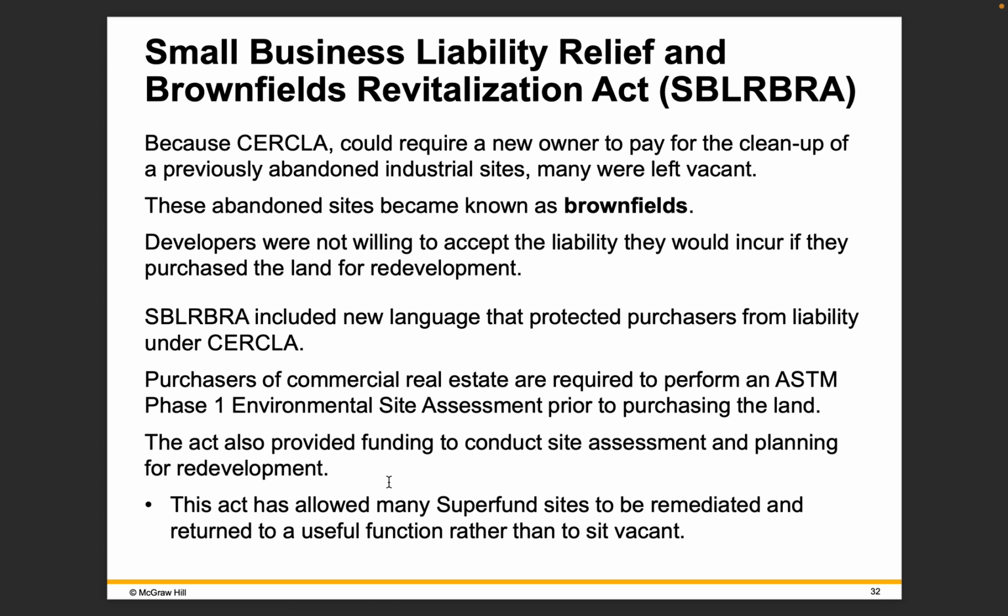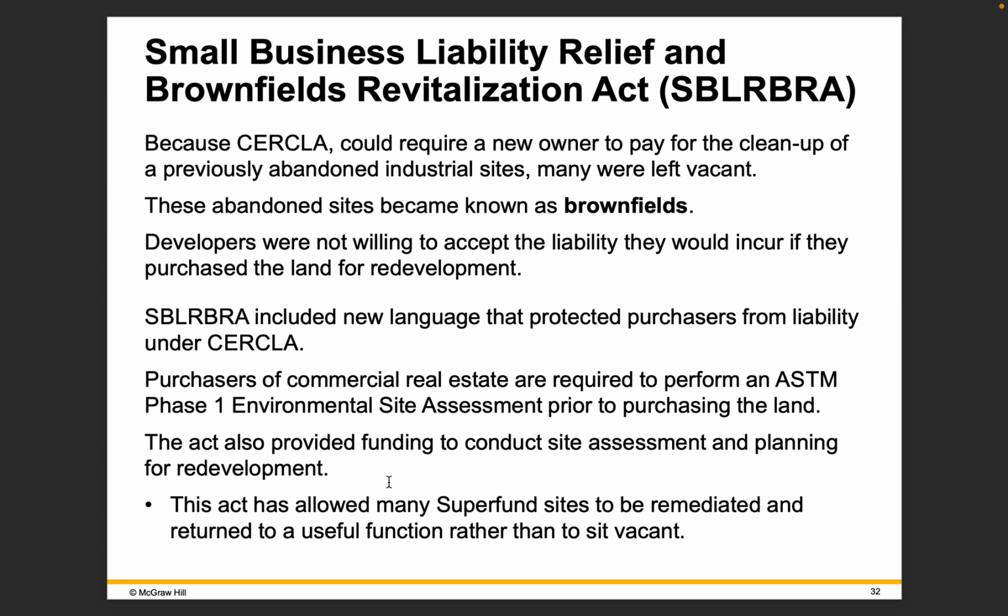Because CERCLA could require a new owner to pay for the cleanup of previously abandoned industrial sites, many were left vacant, and these abandoned industrial sites became known as brownfields. Developers weren't willing to accept the liability they would incur if they purchased the land for redevelopment. This new act included new language that protected purchasers from liability under CERCLA.